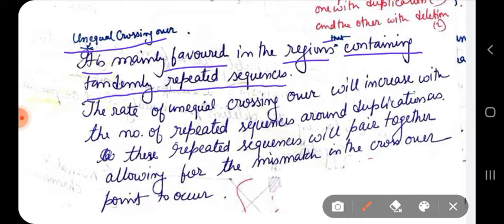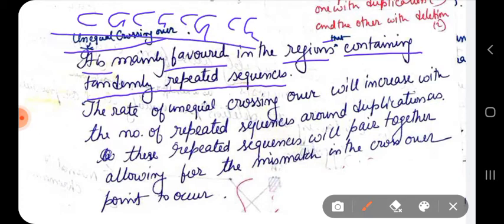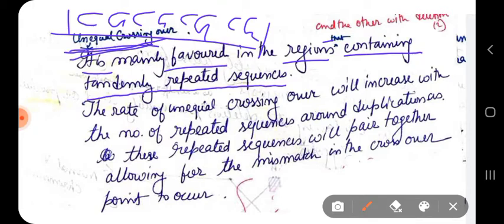That means we have certain regions where tandemly repeated sequences occur, like the CG trinucleotide repeat. We have this CG sequence sometimes repeatedly occurring right next to each other within the chromosomes at certain regions. Other regions are also there, like GATC, which has been repeated. So this type of tandemly repeated sequence, that means sequences found right next to each other, can lead to unequal crossing over.